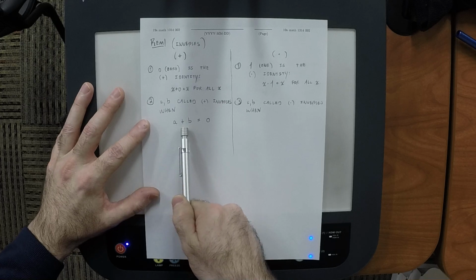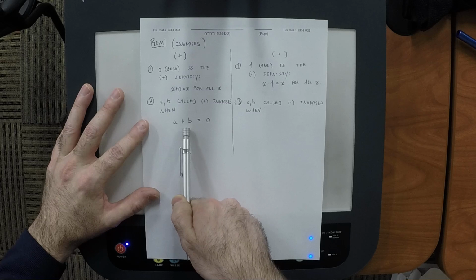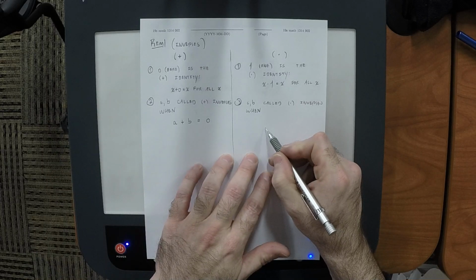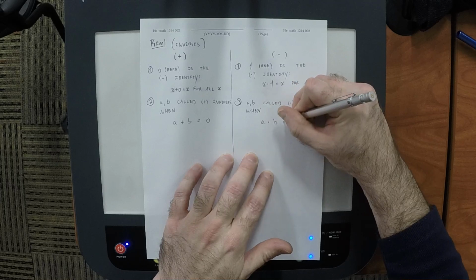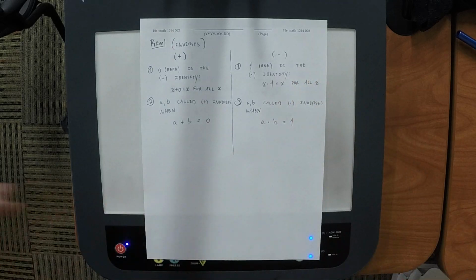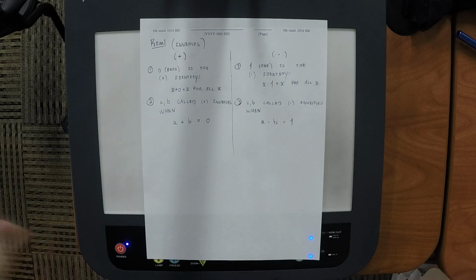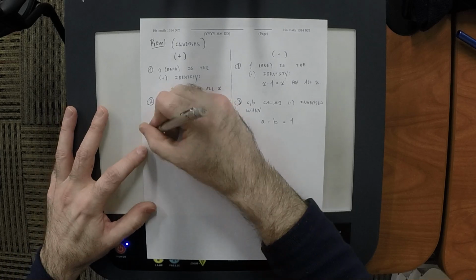On the additive inverse side, A and B are called additive inverses when you add them and you get the additive identity. So what do we need to write over here? A times B equals 1. Good. Because now the statement is that A and B are called multiplicative inverses when you multiply them and get the multiplicative identity. All right, almost done.